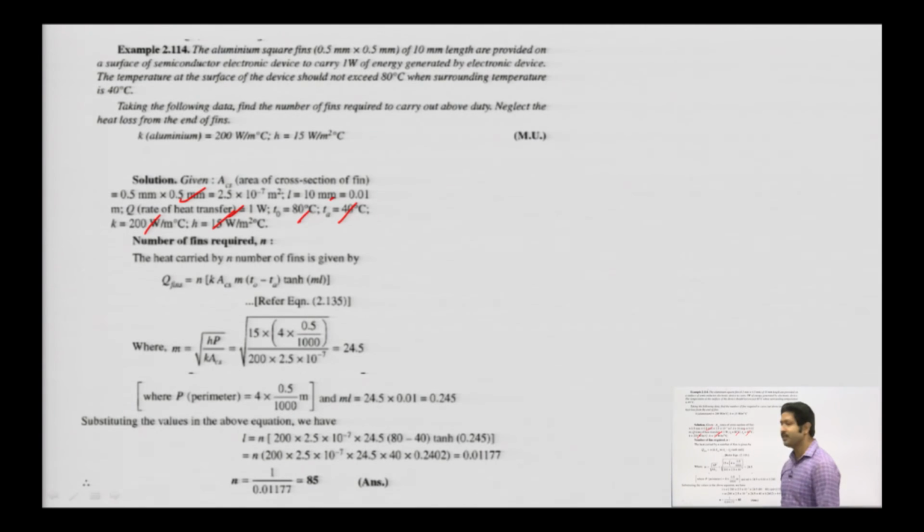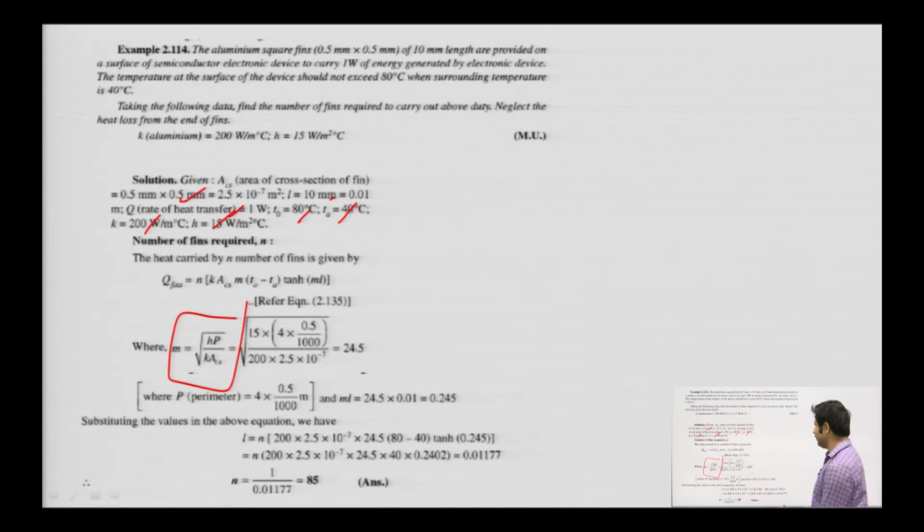So for the number of fins required, q fin, you know, is root over hPkA theta naught tanh(mL), into n. So n is what we'll be finding out, and n is basically the number of fins required. You need to calculate m here, where p is the perimeter.